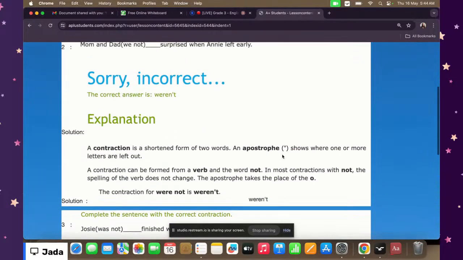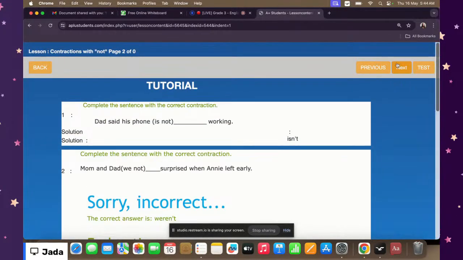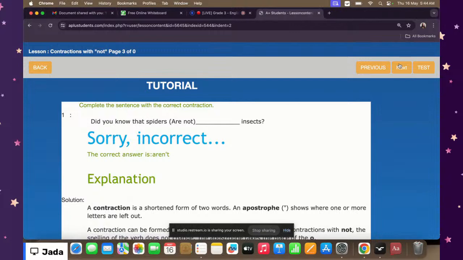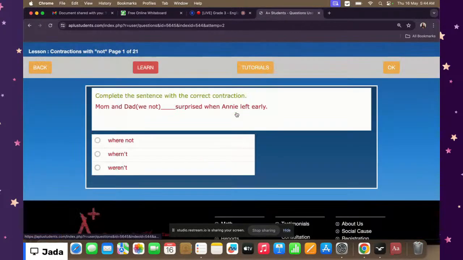So let's see some more examples before we move on to the test. Send in your answers on the chat if you know this.